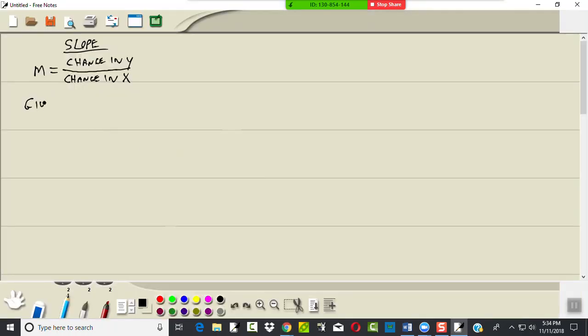Now, given 2 points, x1, y1 and x2, y2, our slope is going to be y2 minus y1 over x2 minus x1.